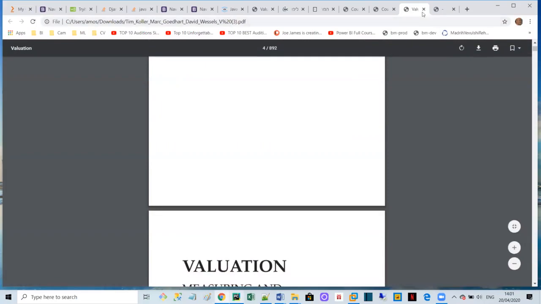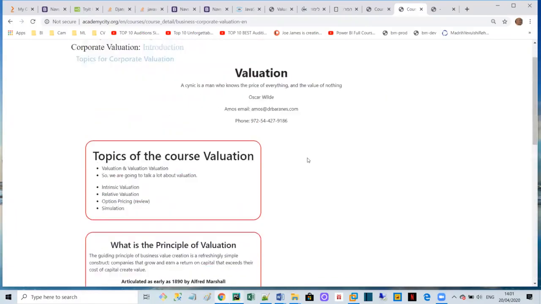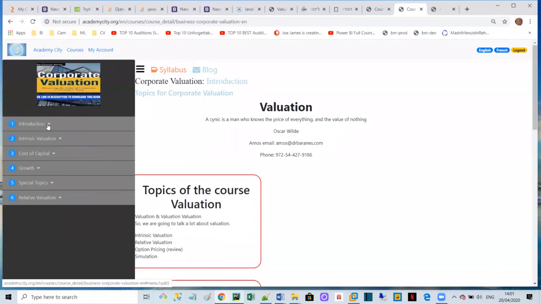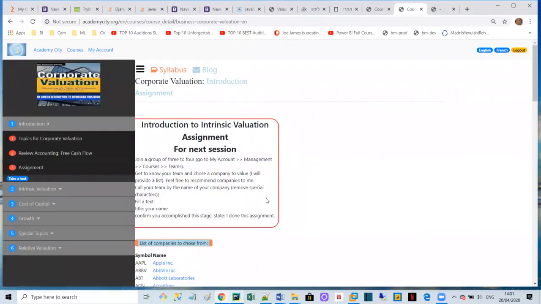One of the assignments for this week is to read chapter 1, and it's written right here. But generally speaking, I will give you two types of homework/assignment. What's the difference? When I write assignment, it's a group assignment.